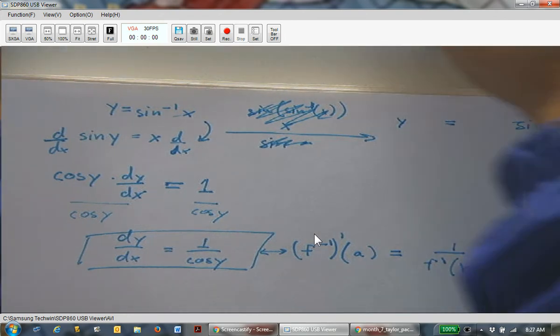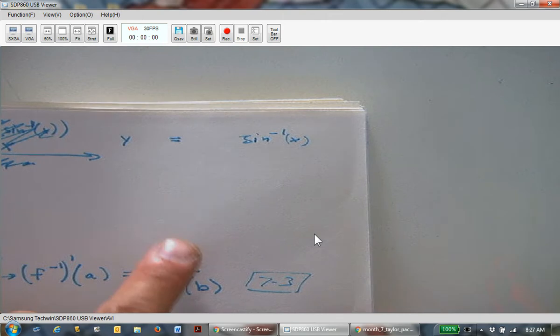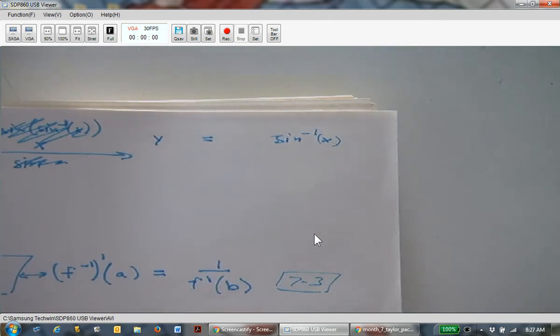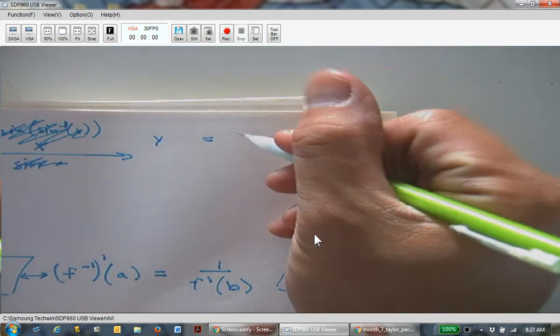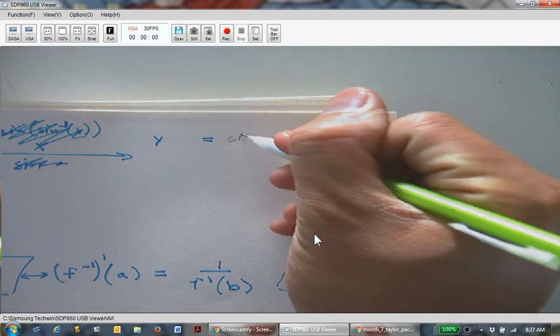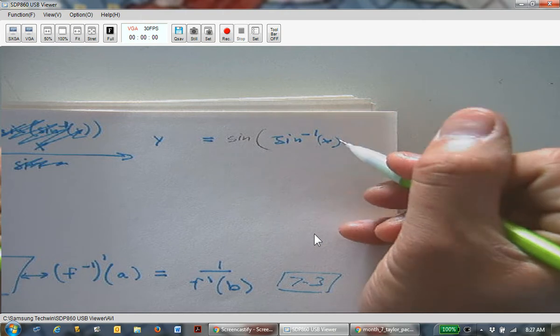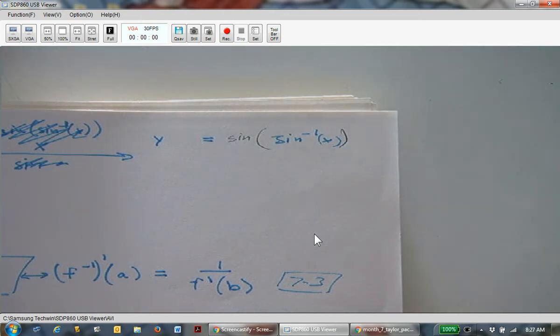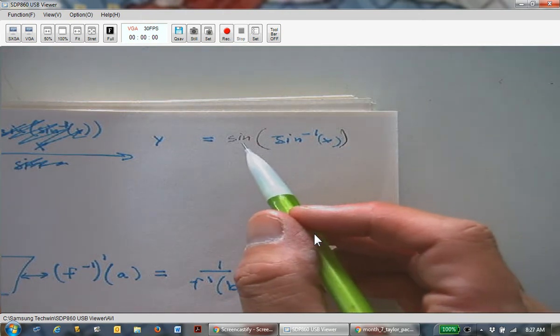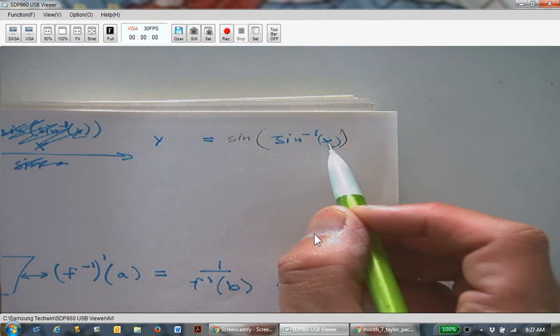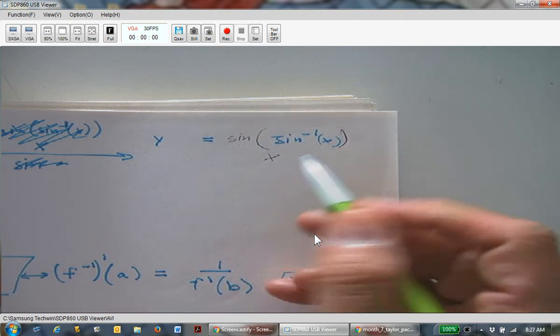Okay, so little side step here. I have y is equal to inverse sine of x, correct? What I do now is I take the sine of this. If I take the sine of the inverse sine of x, then I will just get x.